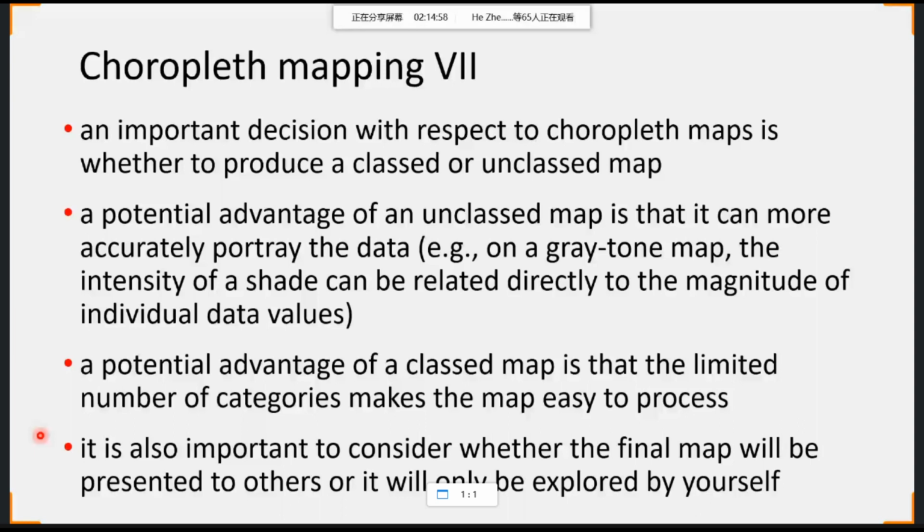Or later on, you have a more elaborated version with some results of your analysis, for example. And then at the end, you have a final version that's perfectly made for a certain user group to communicate your results to them. And of course, the maps will look different. And also you can use different classification methods for them.